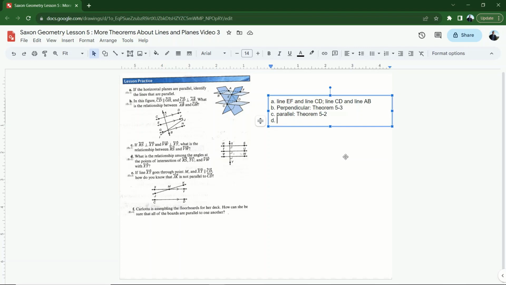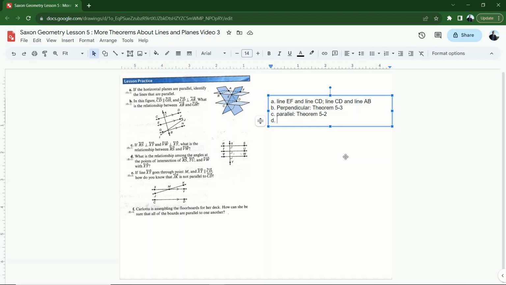What is the relationship among the angles at the points of intersection of RS, TU, and VW with XY? All right, so the angles at the points of intersection. So the answer in the book is impossibly hard to guess.